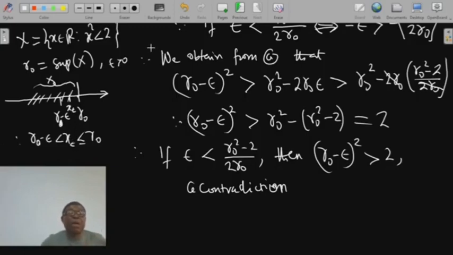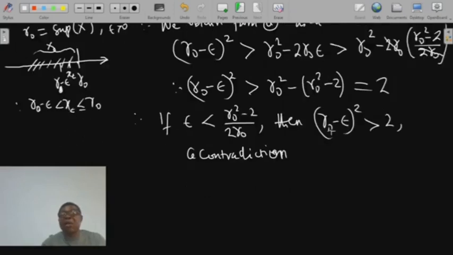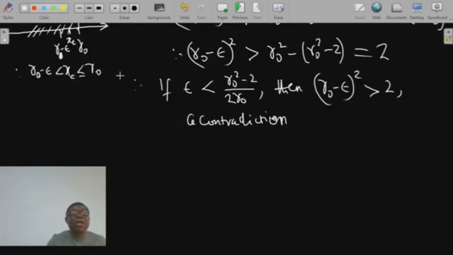So that is bounded above. Given that gamma naught is the supremum of that set, then for all epsilon bigger than 0, there exists x epsilon in the set x, so that this will happen. Now, having got that gamma naught minus epsilon all squared is greater than 2 for all epsilon that lies within this range, what this will lead us to is the following.